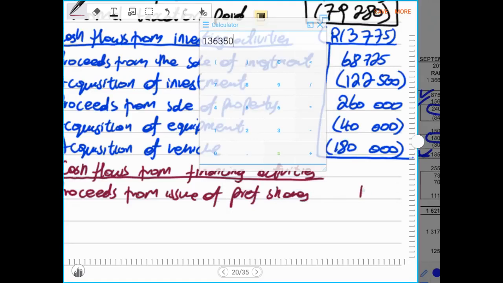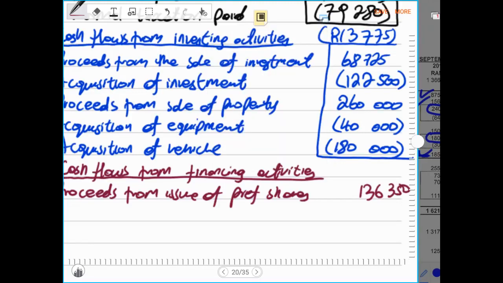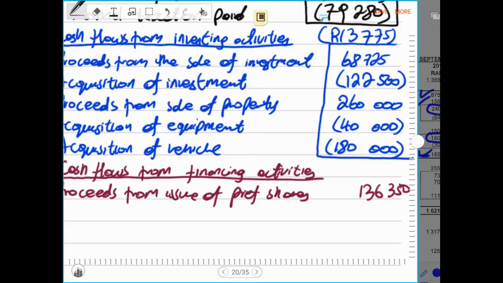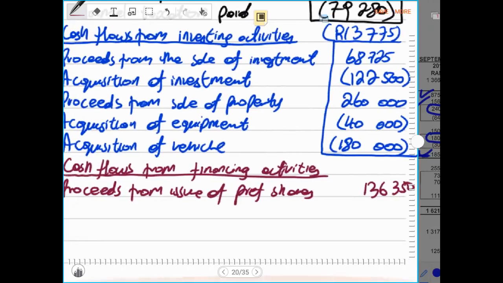I will write the total amount of 136,350, but show your workings in brackets: 137,500 minus 1,150, which became a total of 136,350. Please show the workings. I just have limited space. That will be positive because it's money that we have received.